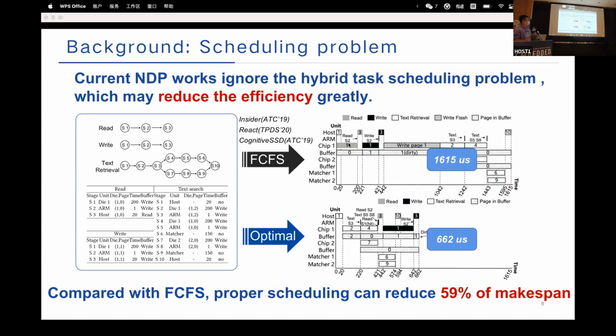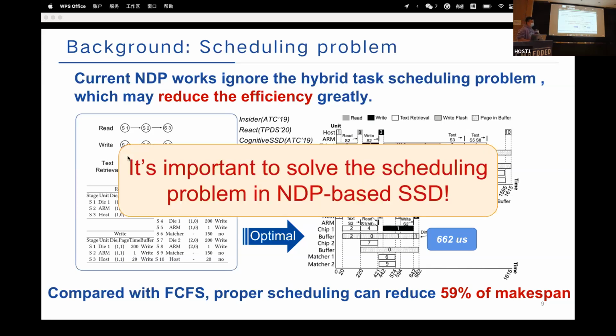Here are three different kinds of requests: read, write, and NDP request. If we schedule them on an NDP-based SSD, compared with FCFS scheduling, proper scheduling could reduce 59% of the time. So an NDP-based SSD scheduling method is urgently needed.